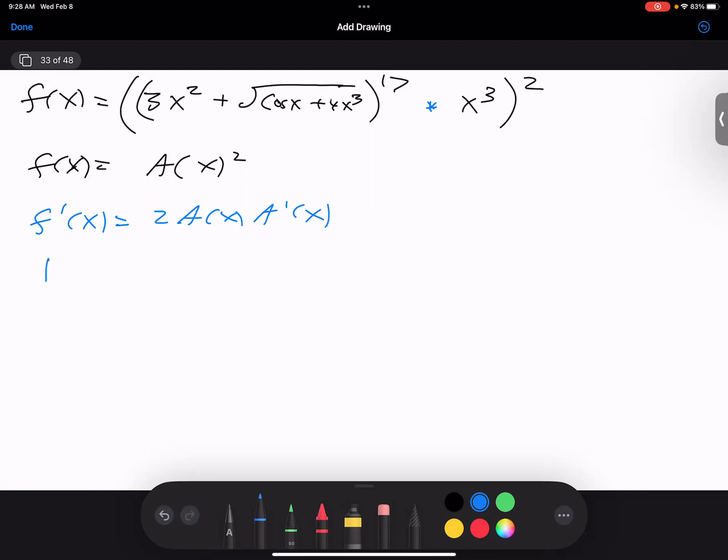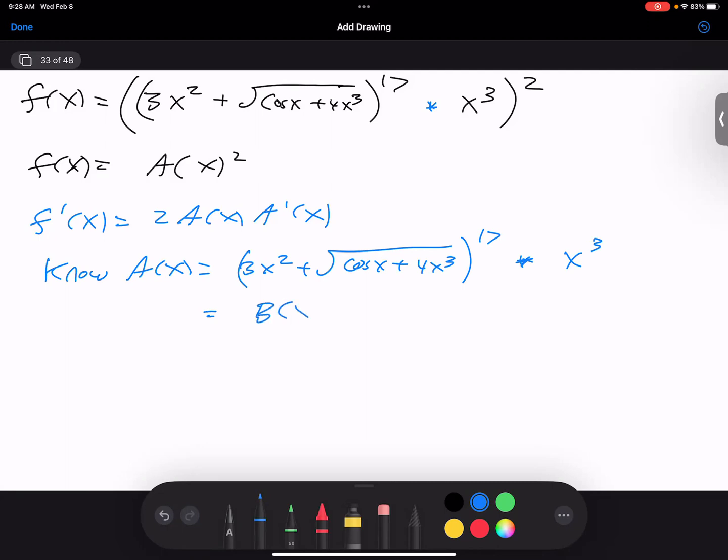And I know a of x is 3x squared plus the square root of cosine x plus 4x cubed to the 17 times x cubed. What do I do now? Product. So you keep pushing down and you keep making it simpler. And so I can write this as b of x times c of x.